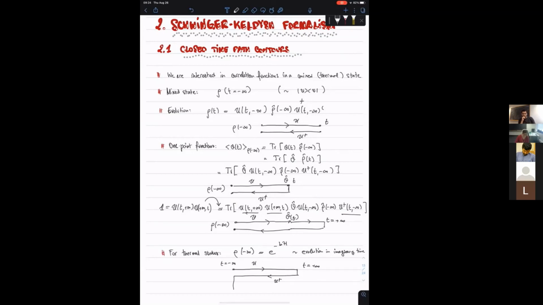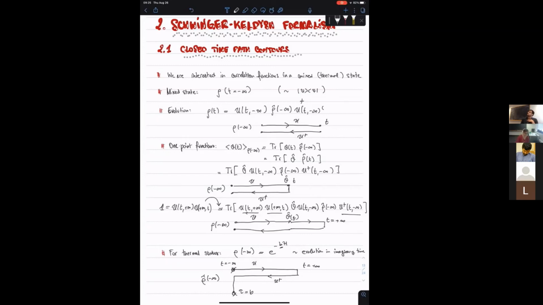And then there is another evolution in imaginary time, where these two endpoints are identified with one another after a period beta, which is specified by this parameter here, which is also related to the temperature of the initial state. Okay?